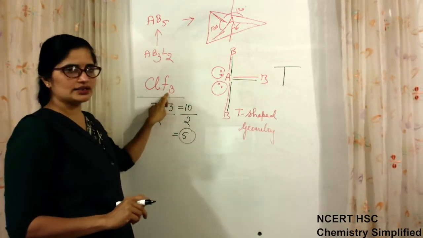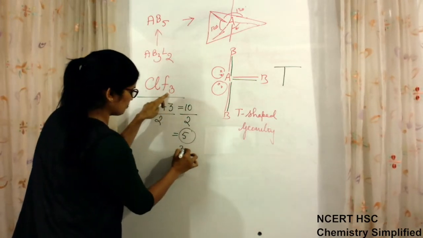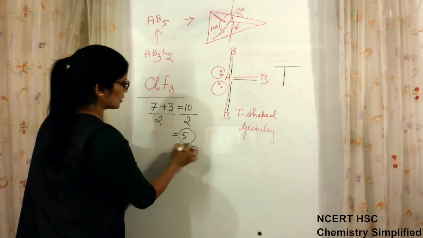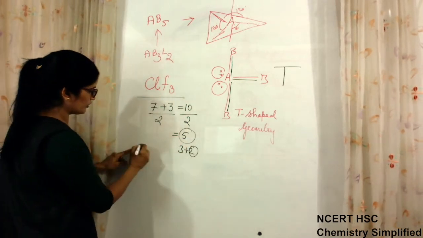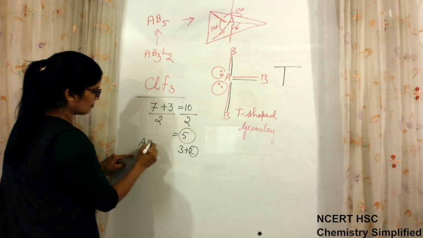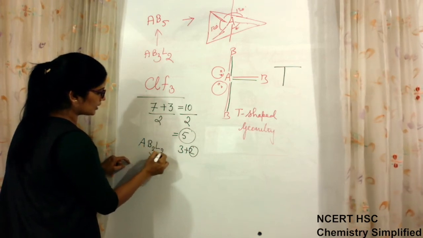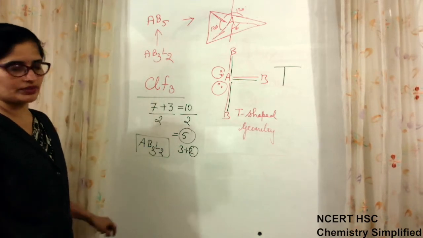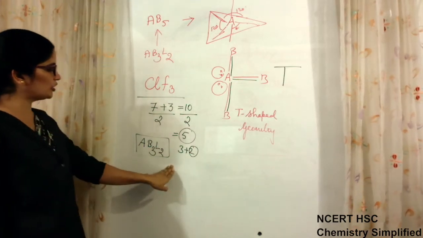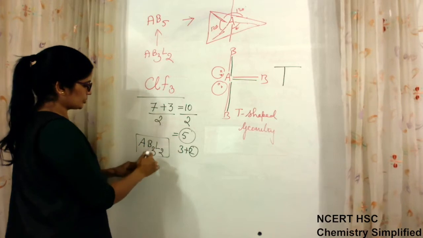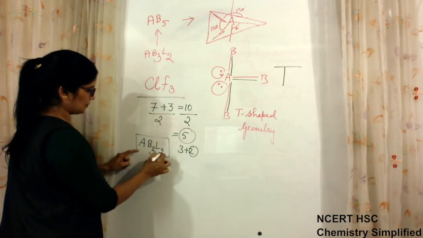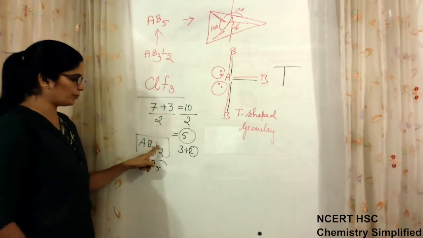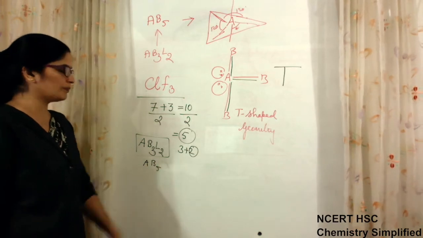3 are side atoms, bond pairs. So 3 plus 2 is 5. That means 2 are lone pairs. So the type of molecule we will arrive at: A, B are 3 and L are 2. AB3L2 type of molecule. Now from AB3L2 type of molecule, we have to reach its original, that is AB3 plus 2, 5. If this lone pair is bond pair, then it will be AB5.